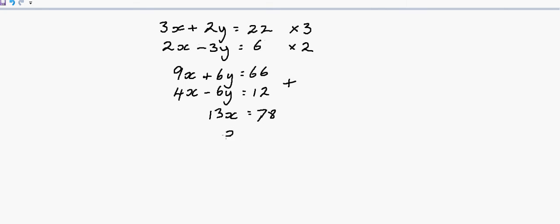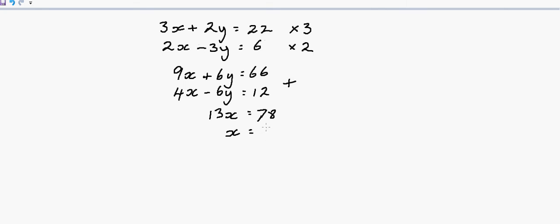So x equals, now 13 into 78, well, 5 times 13 is 65, not enough. So if I go 6 times 13, 6 10s are 60, 6 3s are 18, 60 and 18 is 78.